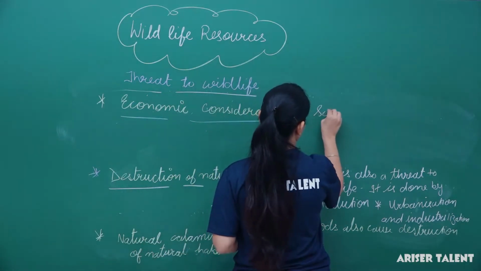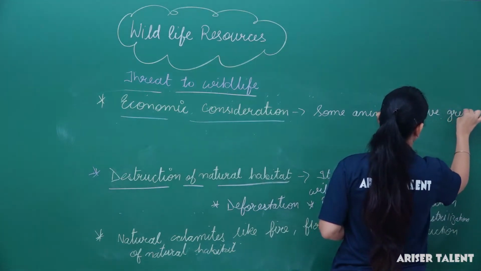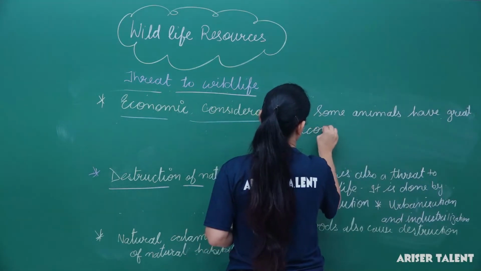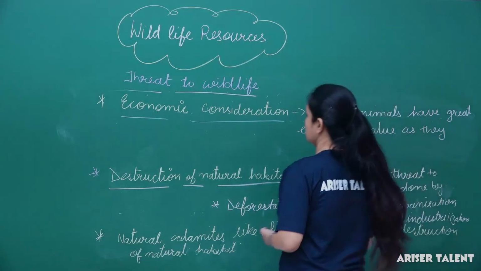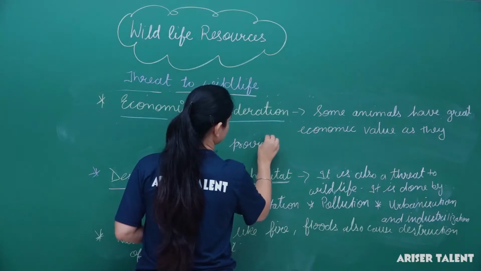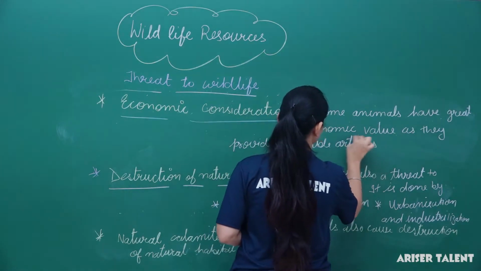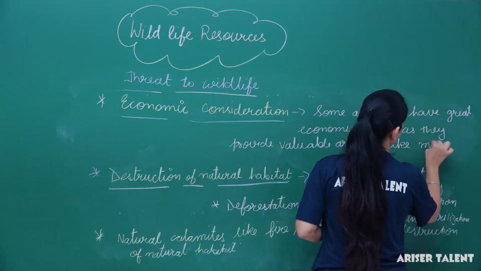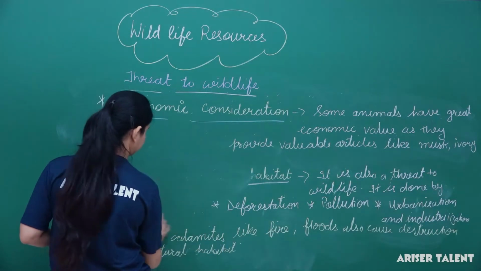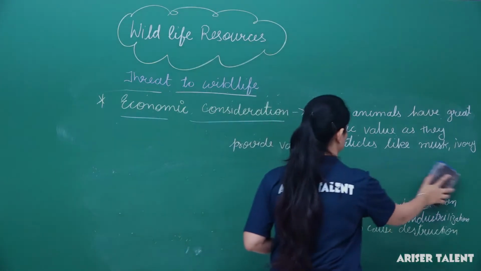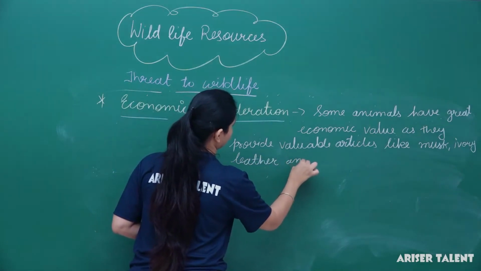Some animals have great economic value, as they provide valuable articles like musk, ivory, leather, and skin.